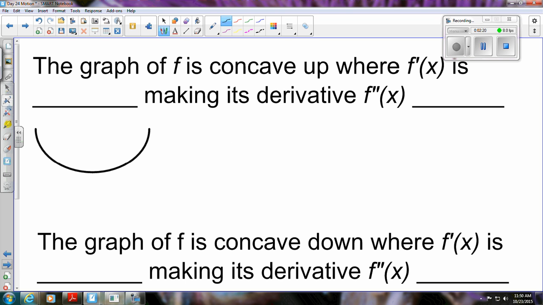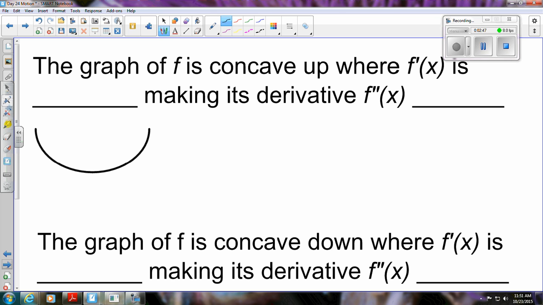All right, now, let's say we have a function that's concave up. It looks like this. First of all, let's think about, as we go left to right, what's going on with the slopes? What's going on with the derivative? Well, it's actually increasing because it's real negative, less negative, 0, a little more positive.